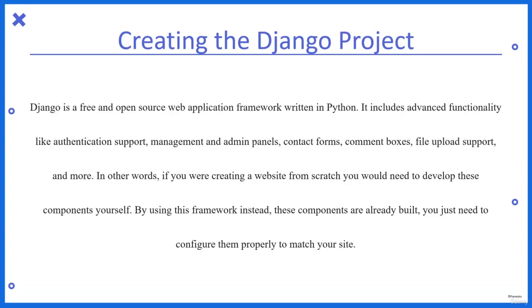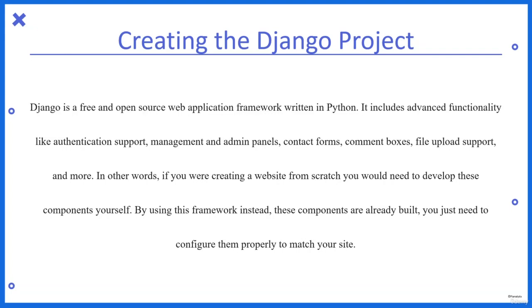So, creating the Django project. Django is a free and open source web application framework written in Python. It includes advanced functionalities like authentication support, management and admin panels, contact forms, file upload support, and more. In other words, if you were creating a website from scratch, you would need to develop these components by yourself.